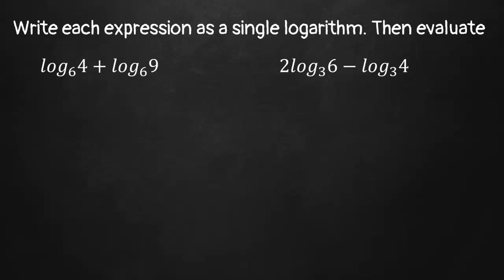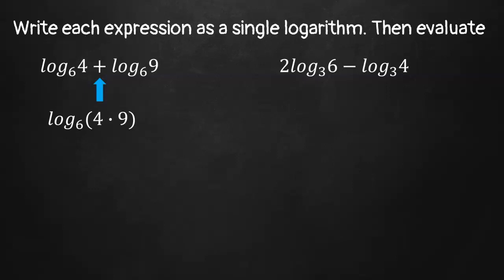So here, my first example, I see that I have log base 6 of 4 plus log base 6 of 9. My bases are the same, so I look at my arguments, 4 and 9. I notice between these two logs, I have a plus sign, which means I can use that product property, which if I take my arguments, will say that I have 4 times 9.